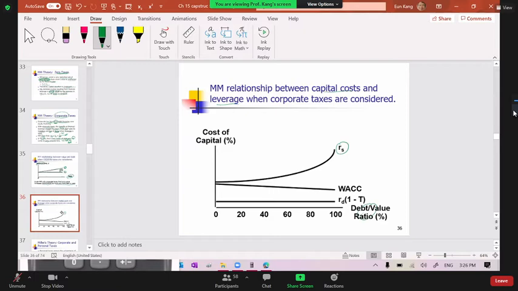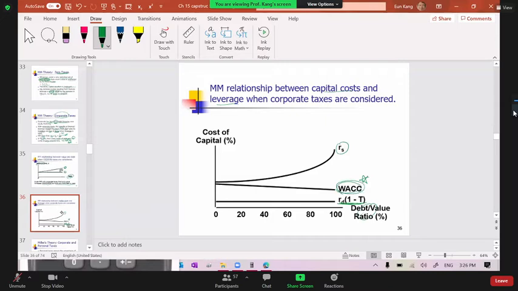But RD, so this is another very restrictive assumption, RD doesn't change. That's not realistic, right? If you borrow more, RD may go up, but if after-tax RD stays the same, then what? WACC goes down.